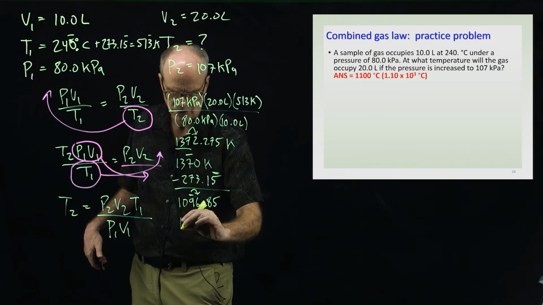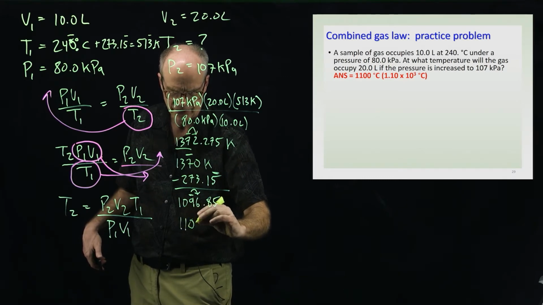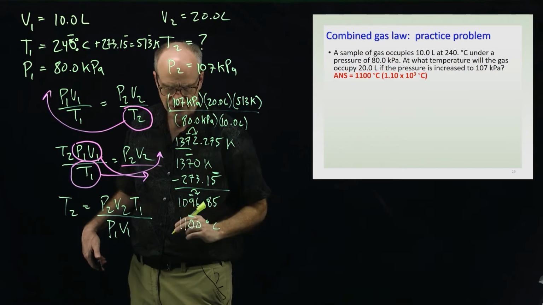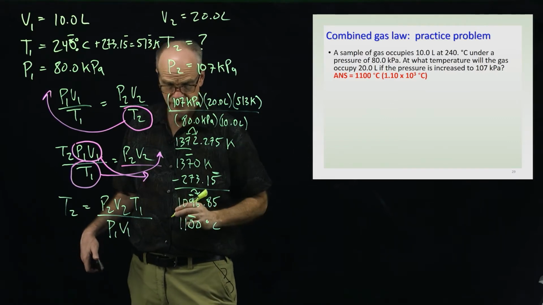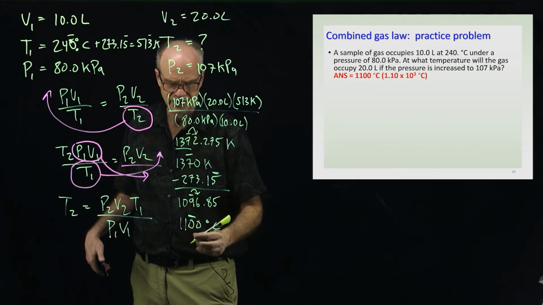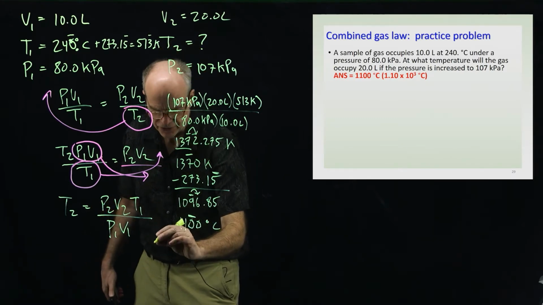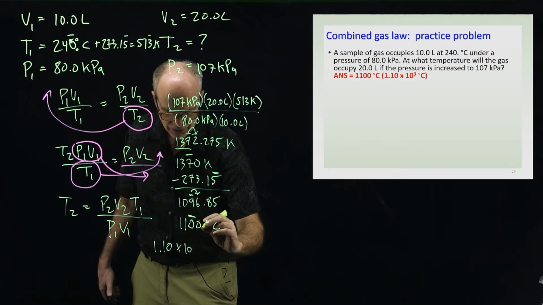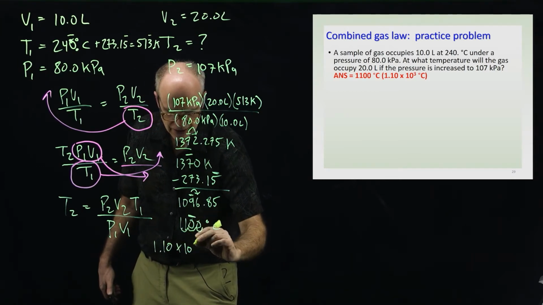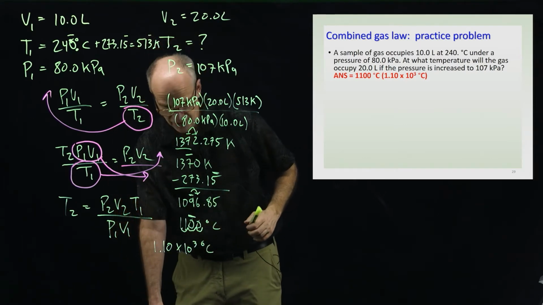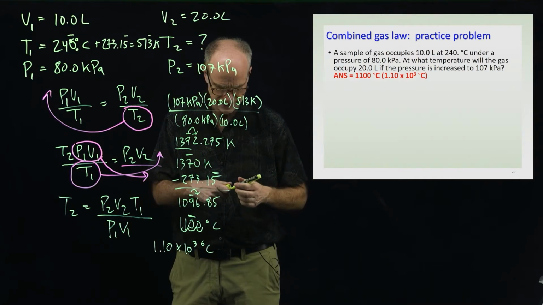So I get 1100 degrees Celsius, with this 0 being the uncertain digit. So this has 3 significant figures. So if you wanted to, you could write this as 1.10 times 10 to the 3 degrees Celsius. And I think that's the answer I got on the screen. It is. Okay, so we will move on.